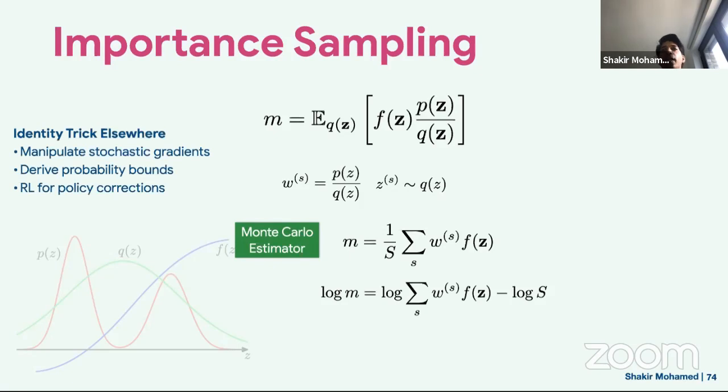This trick of introducing an identity is very important to importance sampling. Later on, I have a slide on computing stochastic gradients, and it's very important there. If you are computing certain kinds of probability bounds, then this trick will also appear there.